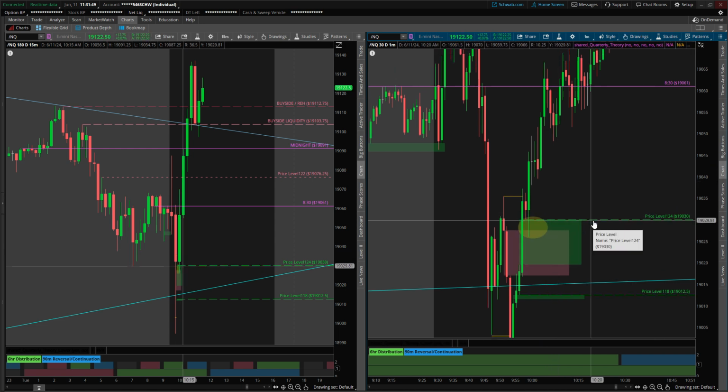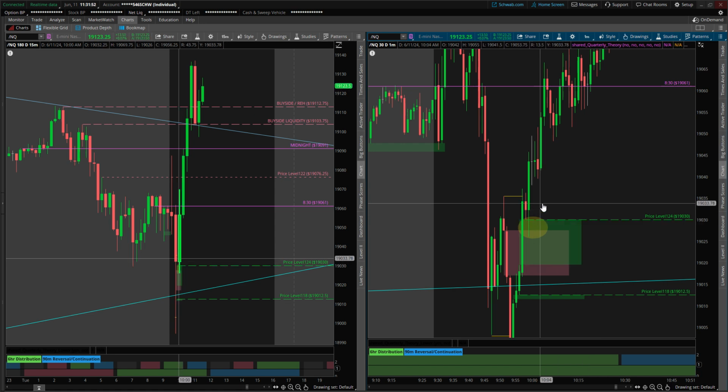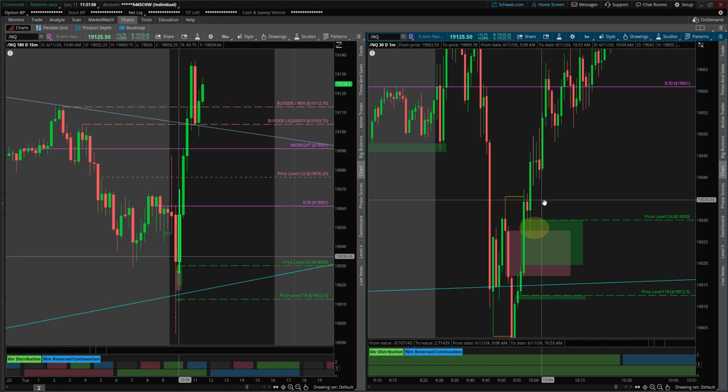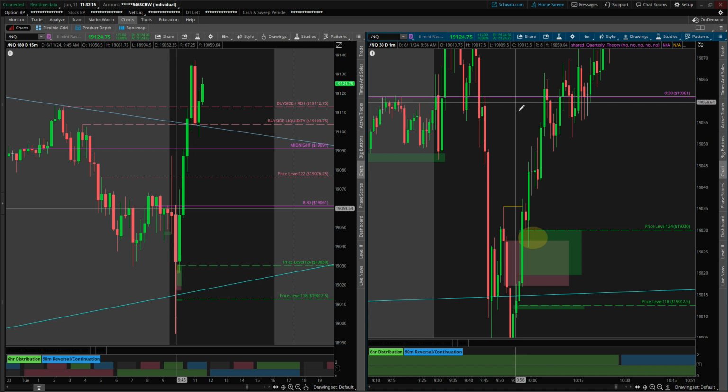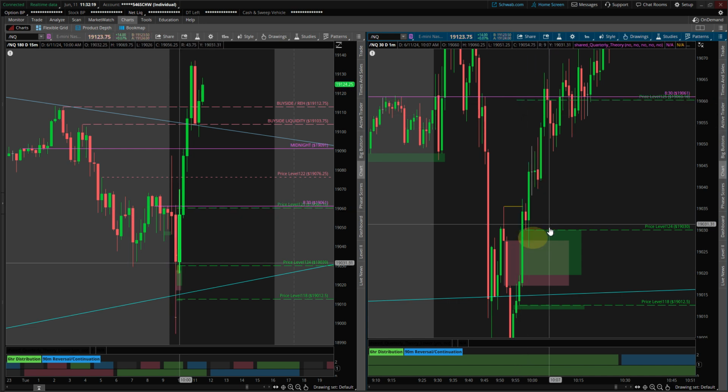Let's just say you entered right here at 19:30. I entered up here a little bit, at 19:35. I was a little late, I was a little distracted. So let's just say I took some off at 25 points. That would have been 1960, basically right here.